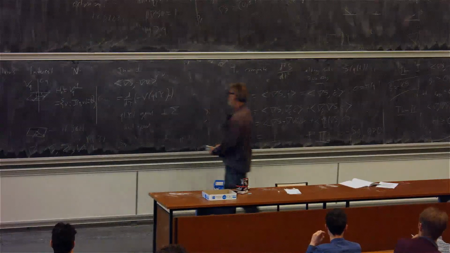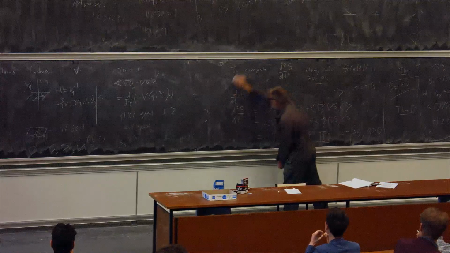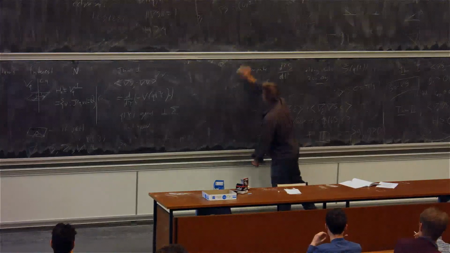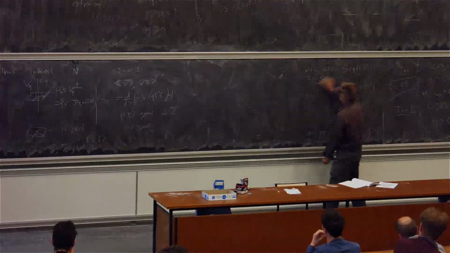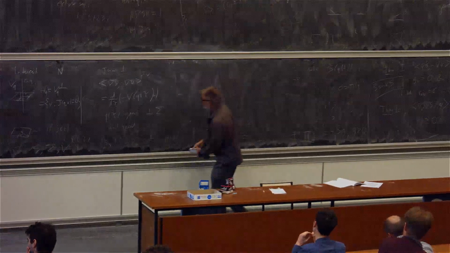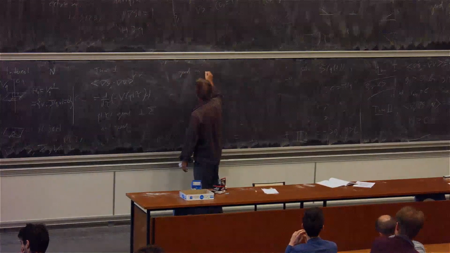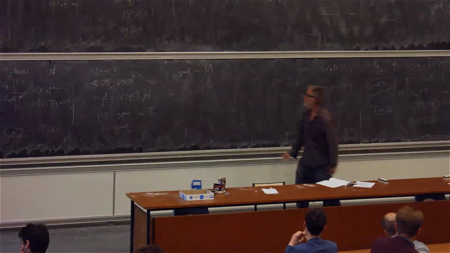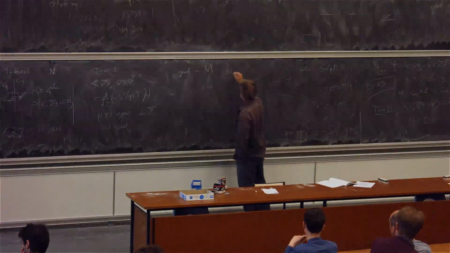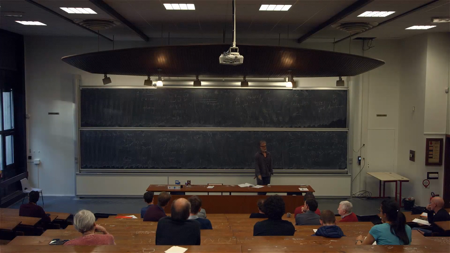Okay, so let's look at what these geodesics look like to see how the computation goes. M is a Euclidean space, so geodesics are lines. That's what they look like, just straight lines.